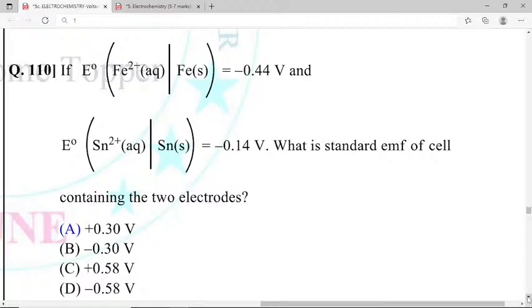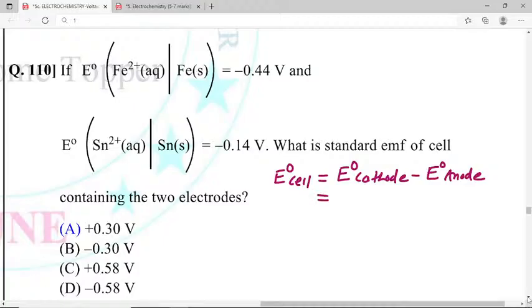Solve करा question number 110. What is the standard electrode potential? So E naught cell is equal to E naught cathode minus E naught anode.